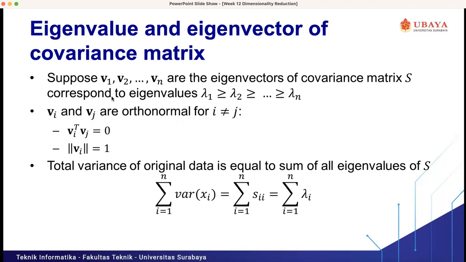It means if we multiply V1 and V2, we will get a zero value. That's why we call it orthonormal. So the vectors Vi and Vj are orthonormal. If we multiply the vectors Vi and Vj, it will result in zero.